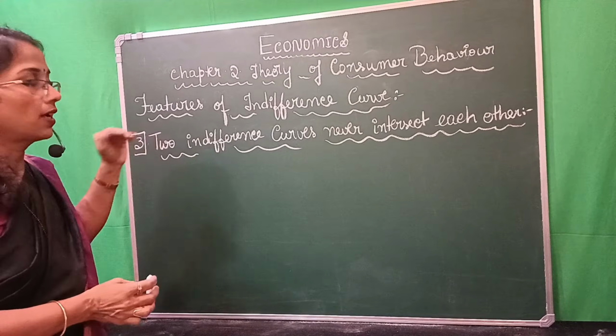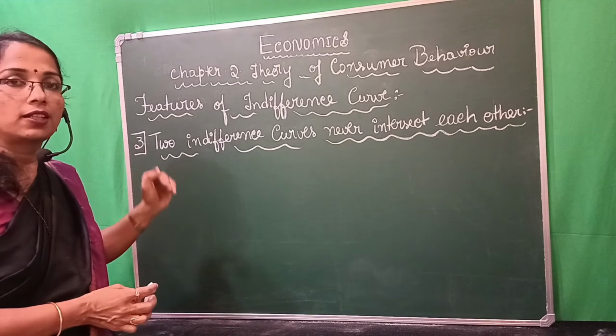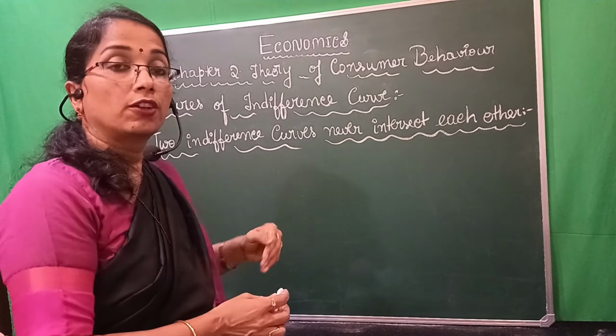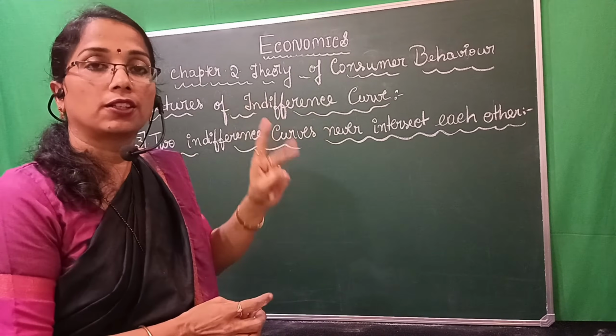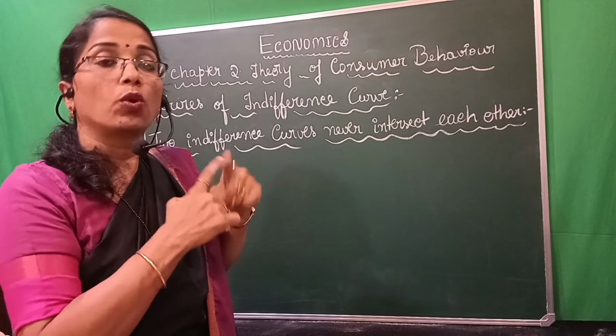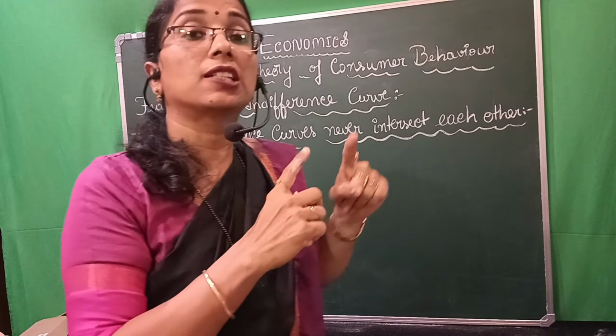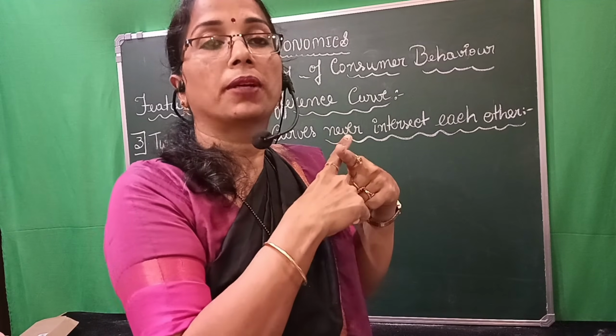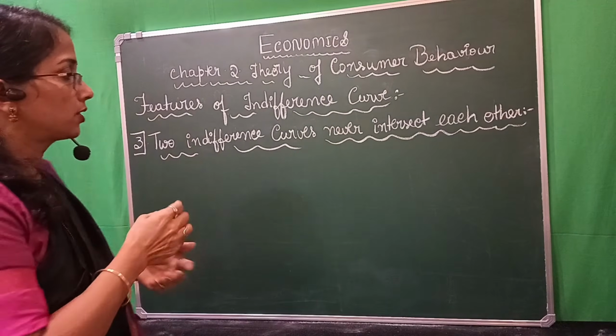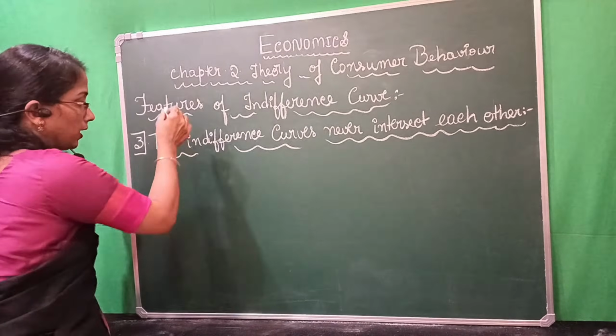To understand this, let us draw a diagram where we will allow two indifference curves to intersect. What do you mean by intersecting? Intersecting means joining or meeting each other at one particular point. Let us draw one diagram and explain the third feature.